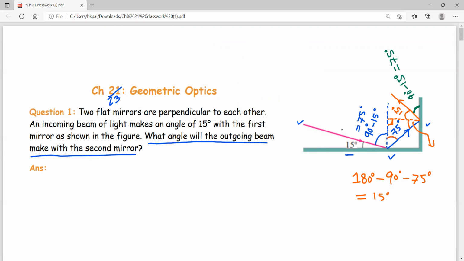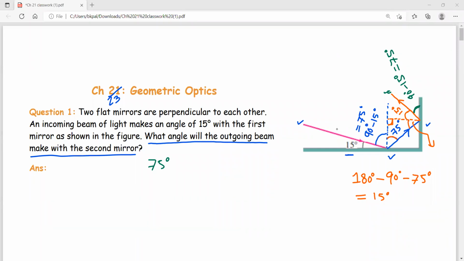The outgoing ray is this one, and it makes 75-degree with the second mirror. So this is the answer. We just drew some rays, used the law of reflection, and determined that the answer for this one is 75-degree.